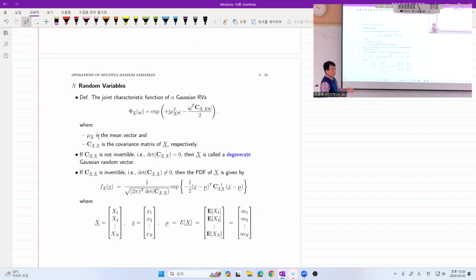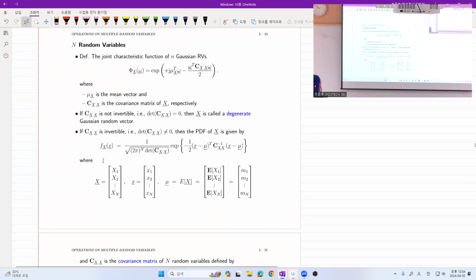In n dimensions, it looks like some bell hyper hat or something. Similarly, you have what? Variable minus the mean vector, transposition. And in the middle, you have the inverse of the covariance matrix. And what is the definition of covariance matrix? I've already told you.